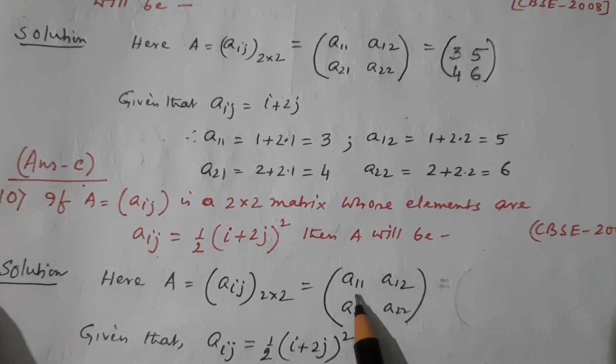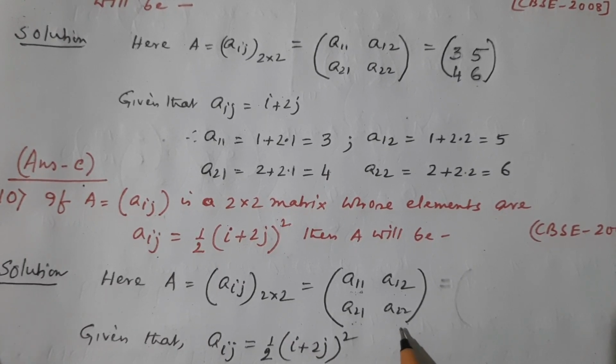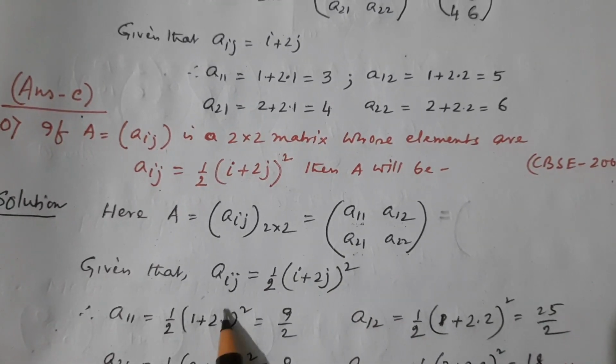So we evaluate these elements: A11 where i equals 1, j equals 1; A12 where i equals 1, j equals 2; A21 where i equals 2, j equals 1; A22 where i equals 2, j equals 2. We substitute the ij values in the given relation.